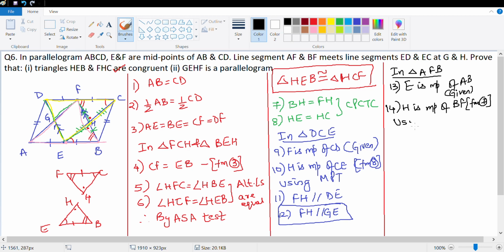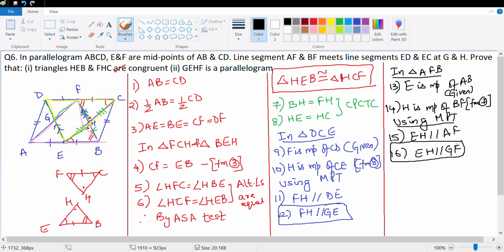So using midpoint theorem, what I get is number 15, which is EH is parallel to AF. What it also means is EH is parallel to GF.